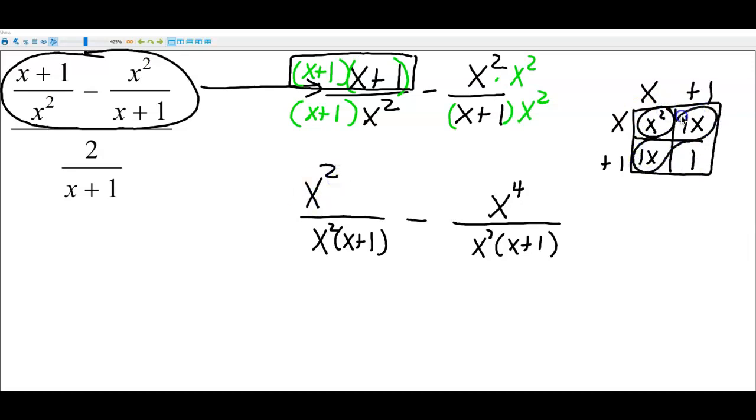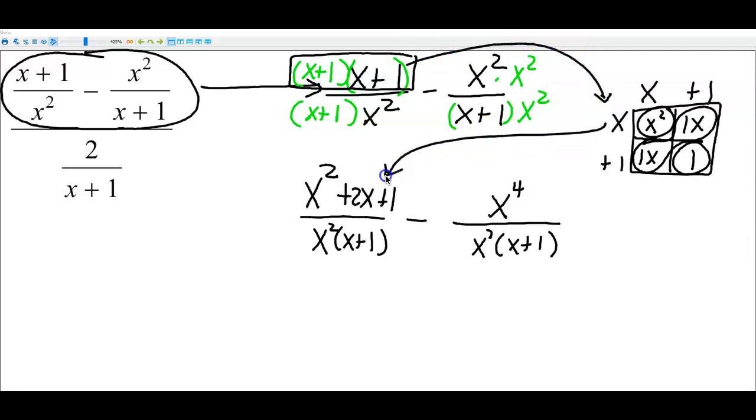We have 1x plus 1x, which is 2x. And then we have 1. So I use the box to find that one there.